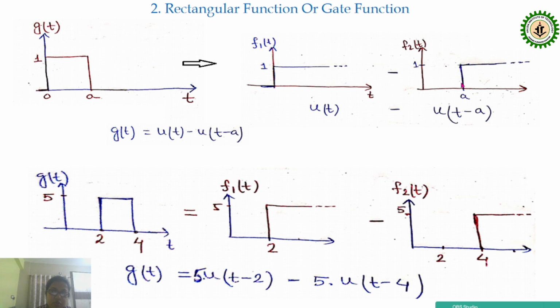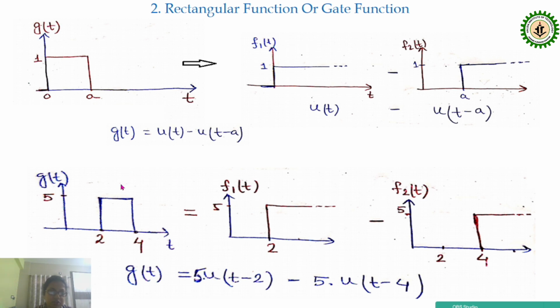After subtracting from u(t) this shifted step function, which starts at a, u(t minus a), we get this gate function or rectangular function. Therefore that is represented by g(t) equals u(t) minus u(t minus a).